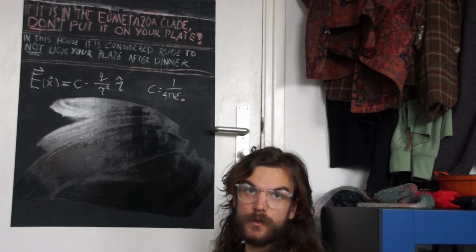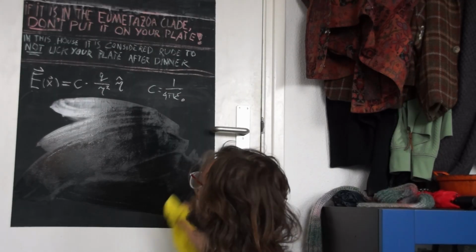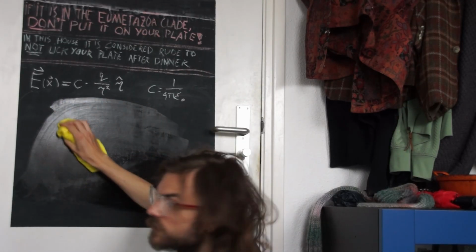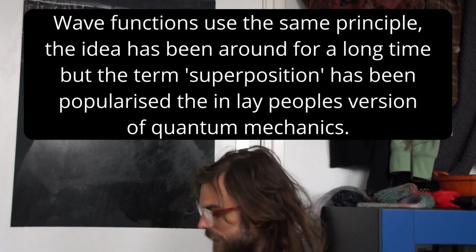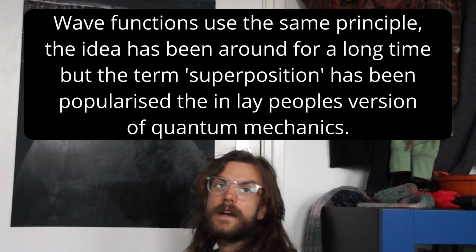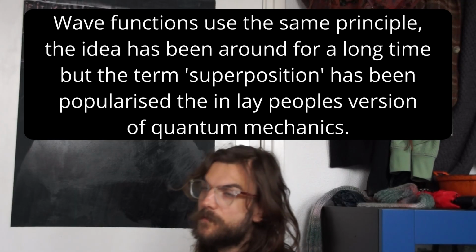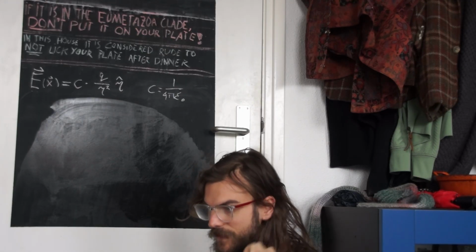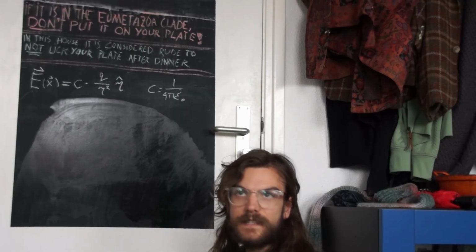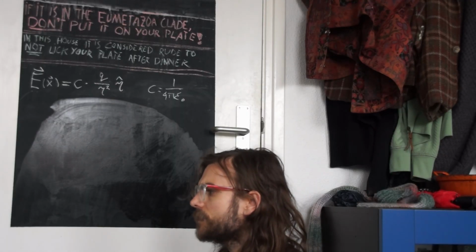So one of the most important things about the electric field is what's called the principle of superposition. Now this has nothing to do with quantum mechanics. This has actually been around for 200 years, long before quantum mechanics existed. It's originally from wave analysis or string analysis and spring analysis, as far as I could find.